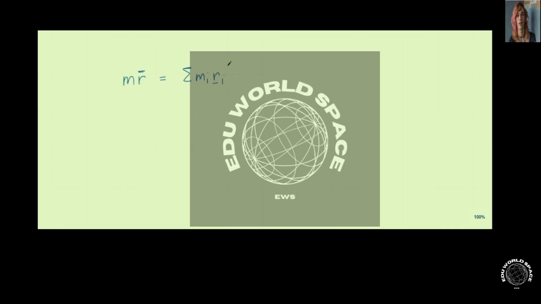So m_i times r_i, a scalar product. Now m times r bar is the mass of the space vehicle, the mass of the entire system before it fragments, 300 kg, multiplied by the center, 1440, in the I direction.